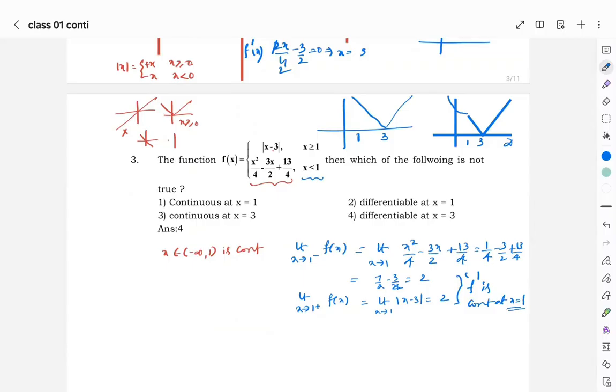The functional value is also equal: f of 1 is mod of 1 minus 3, which is 2. So it is continuous, it is true. But he says the statement in the question is not true. Is it continuous at 3? Obviously yes, because for x greater than 1 it is a mod x function, which is everywhere continuous.